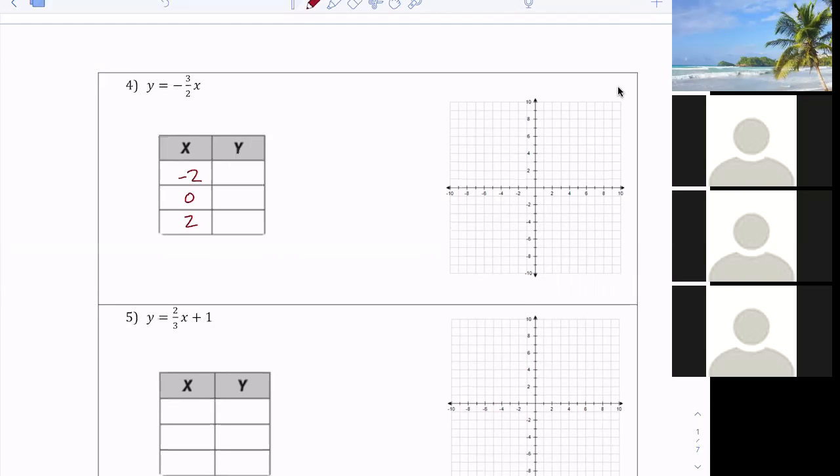Go to y equals and type in -3 divided by 2x. Everybody type that in. If you're having trouble, just raise your hand. Everybody's typing in this equation.